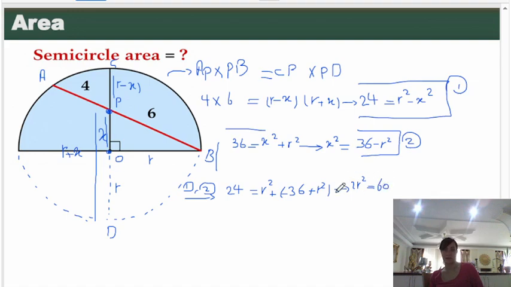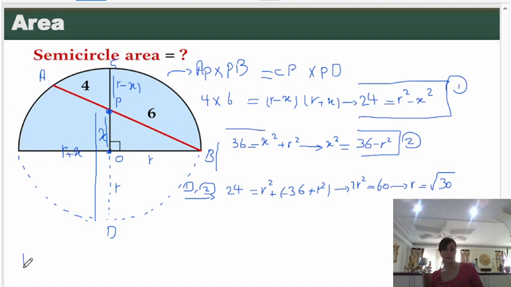To get rid of this 2 as a coefficient, I divide both sides by 2, so r squared equals 30. I find r equals the square root of 30.